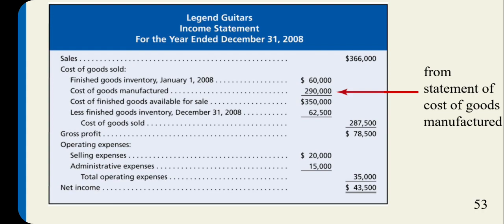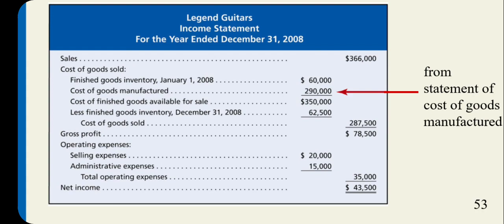And after that, you have to minus the expenses. Expenses can be divided into two categories: selling expenses and admin expenses. In this example, the total expenses equal $35,000.